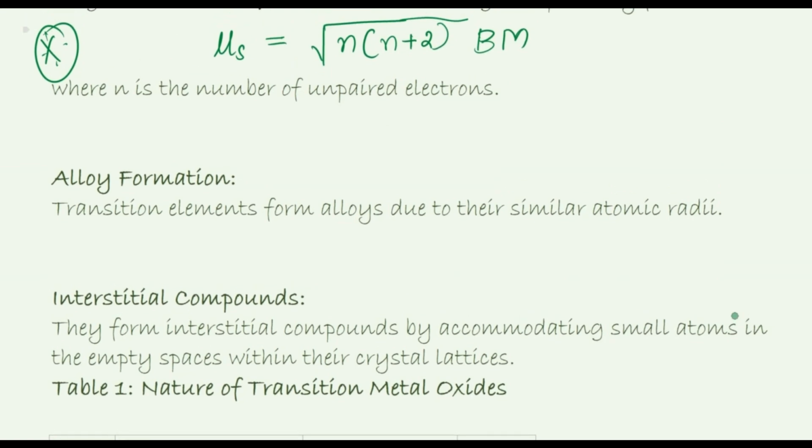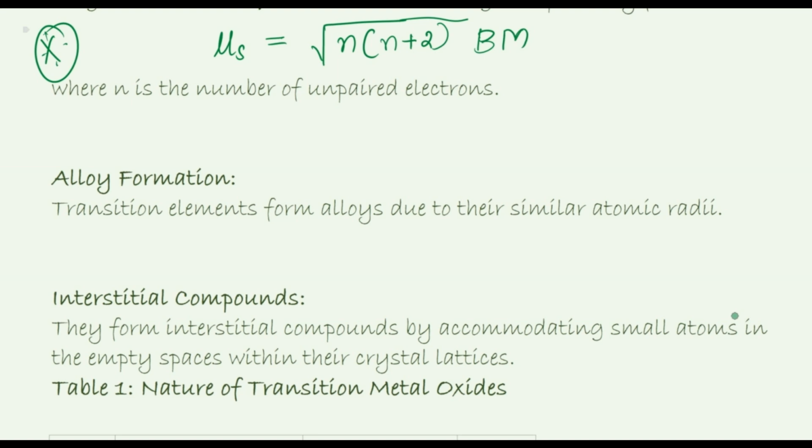These elements form alloys, for example silver forms lots of alloys, and copper and many other elements in the transition series form alloys which have very good commercial uses.